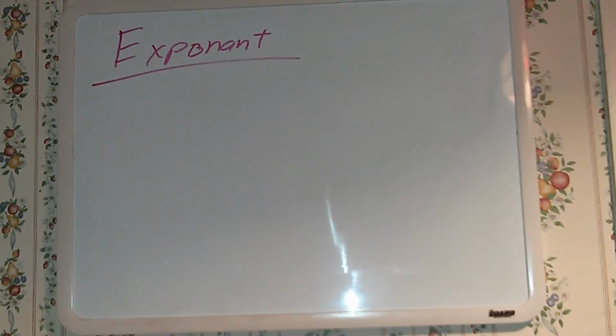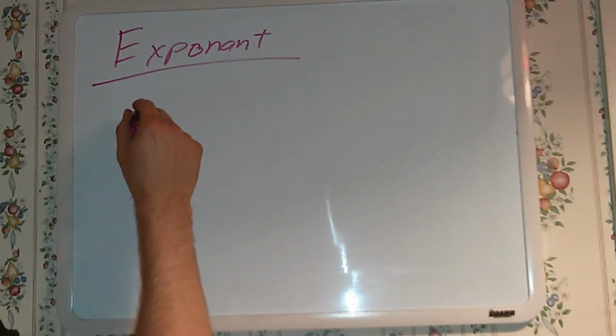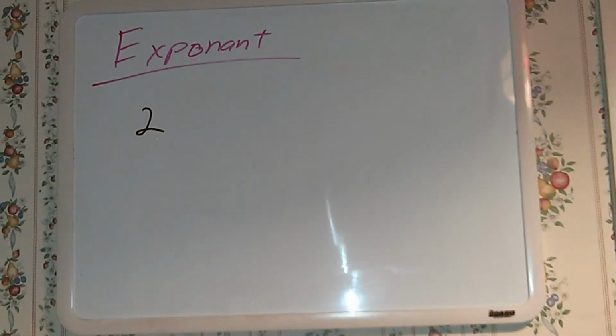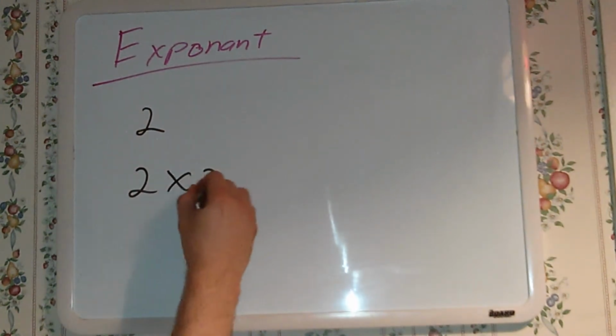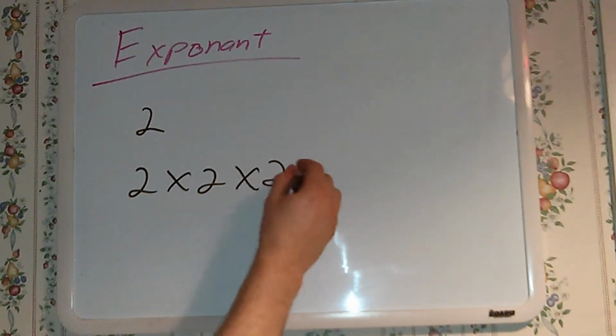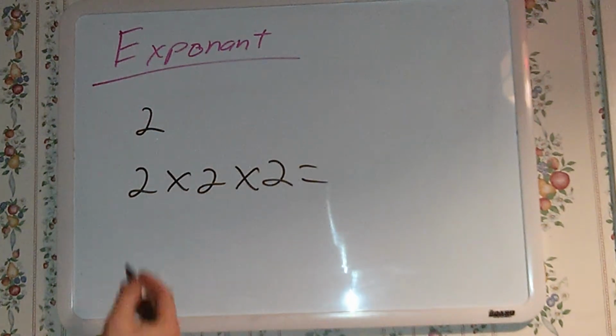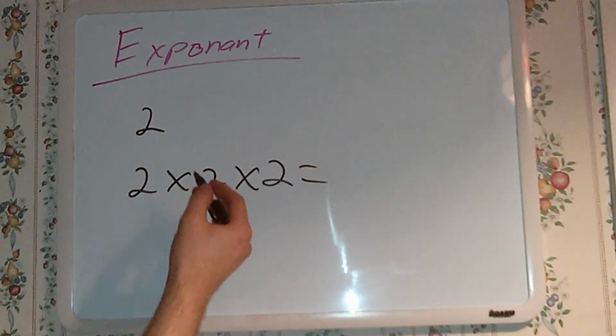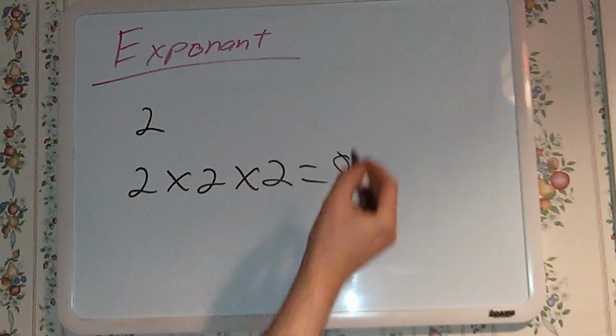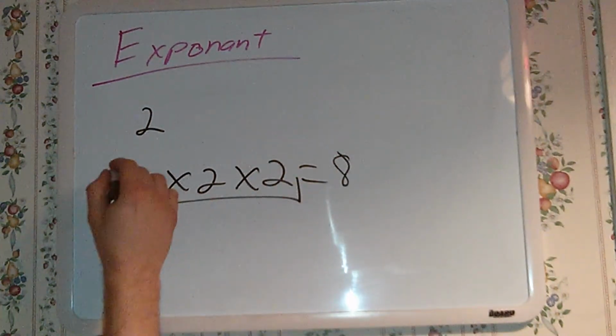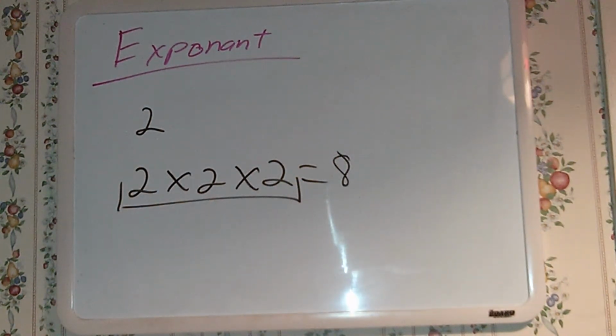Now, when we have an exponent, we're just going to have our base little number here, like 2. Let's say that we want to do 2 times 2 times 2. Well, you can go 2 times 2 is 4, 4 times 2 is 8, and have this whole big old thing written out. What else we can do is, we got 1, 2, 3 2's.